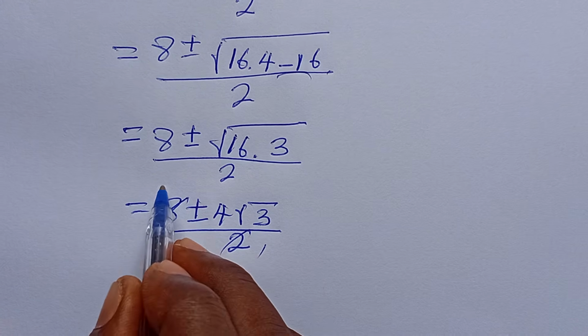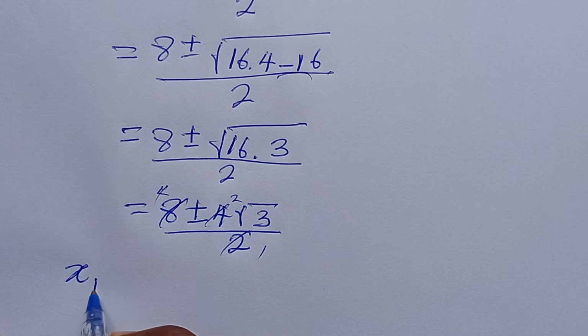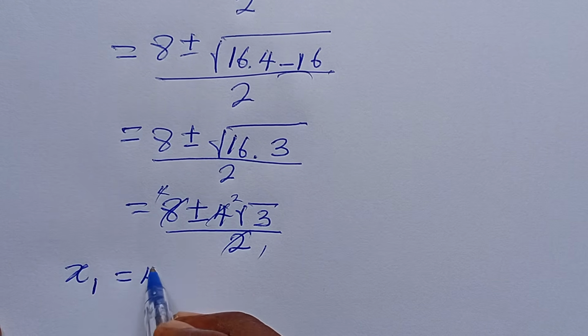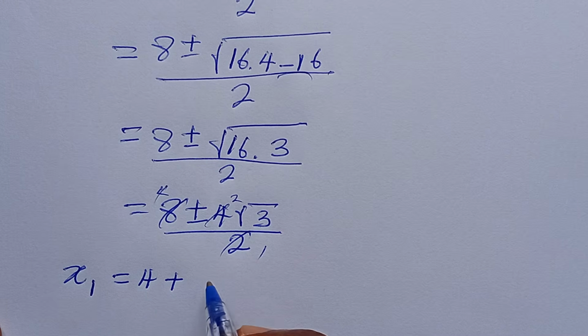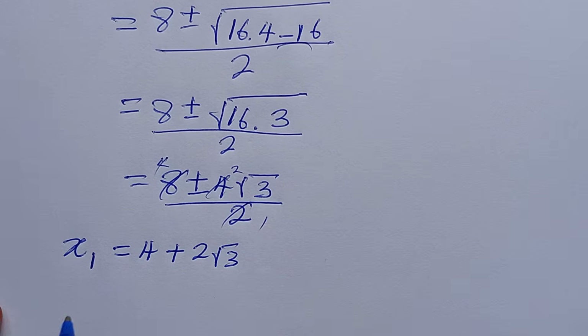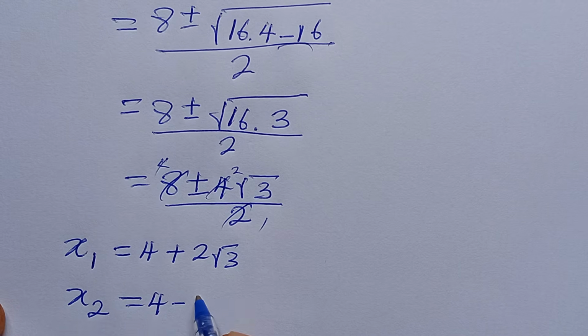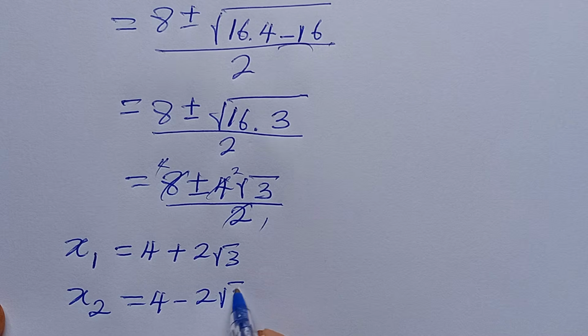We have here 1, here we have 4, here we have here 2. And so we're going to have our x1 is equal to 4 plus our 2 root 3. And our x2 is going to give us here our 4 minus 2 root 3.